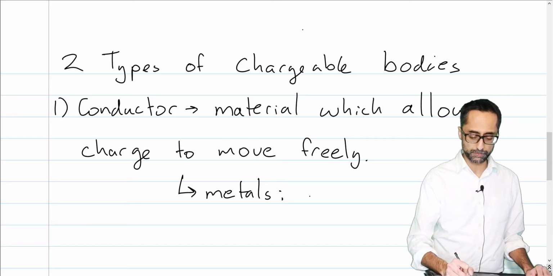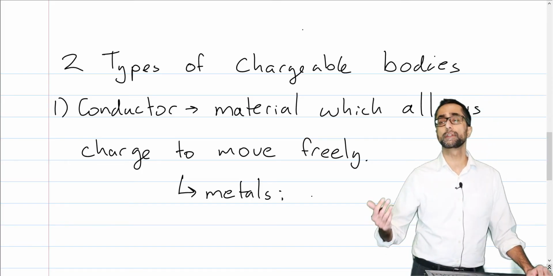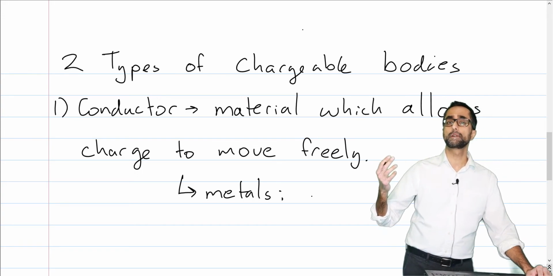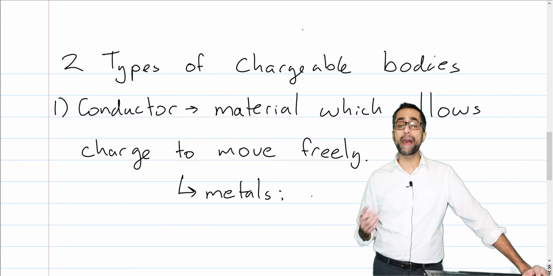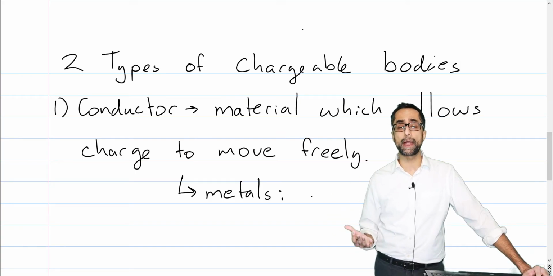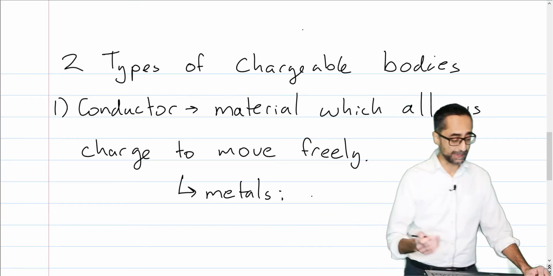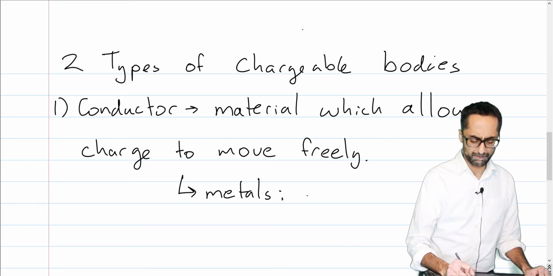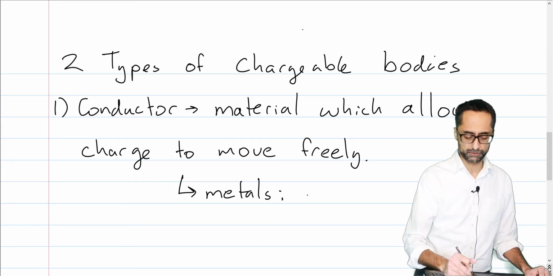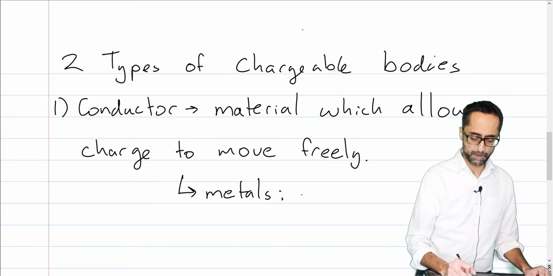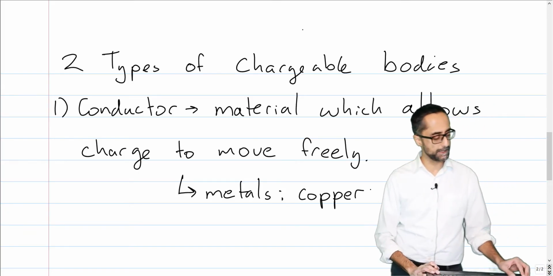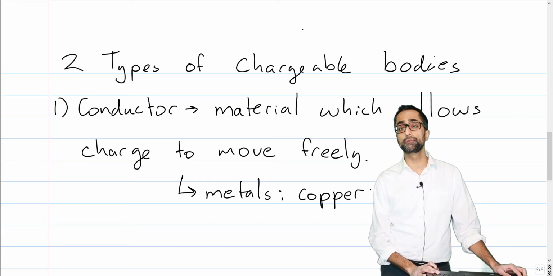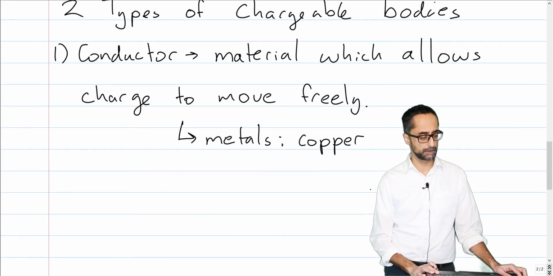Specifically, I'm talking about the negative charges, the electrons. That is what freely moves around in a conductor. All kinds of metals are really good conductors, but let's use copper, because copper is a common material used in wiring.